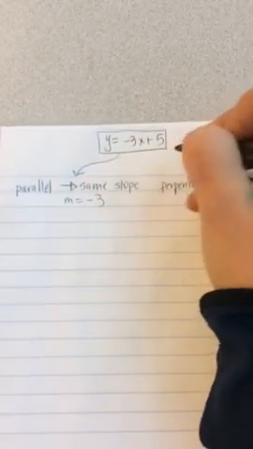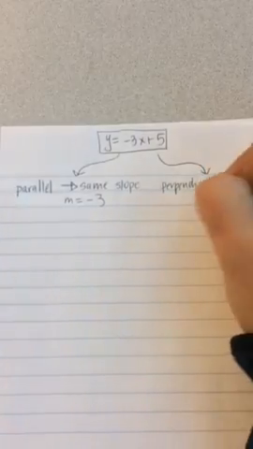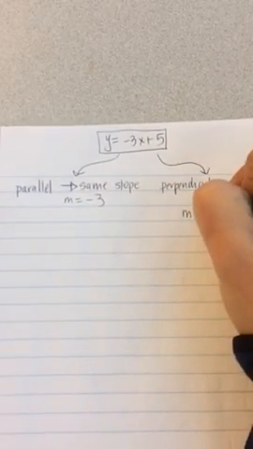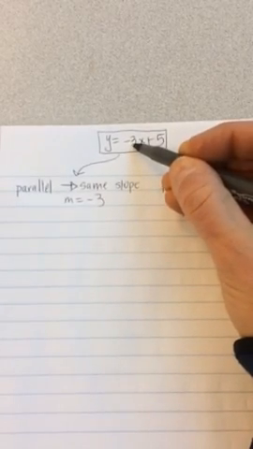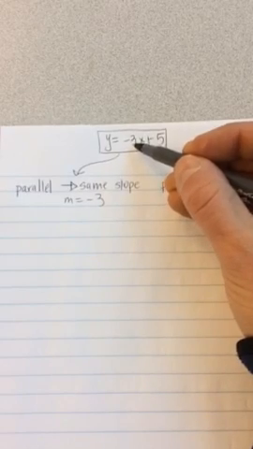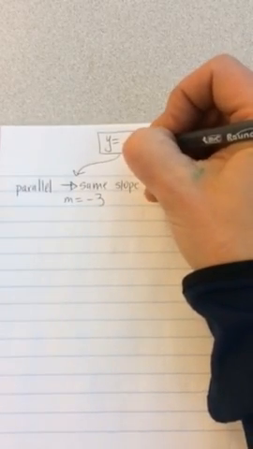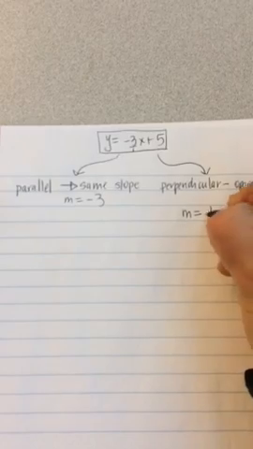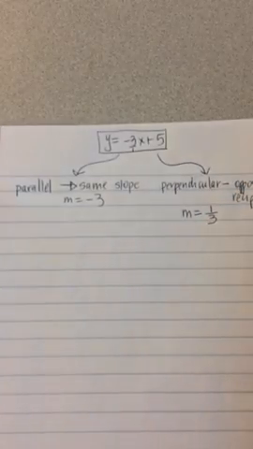So if we have a line something like y equals -3x plus 5, and that's my line, a parallel line would have m equaling -3, a perpendicular line would have m equals the opposite reciprocal, so it's going to be positive, and we have to flip it over. This is like 3/1, 1/3.